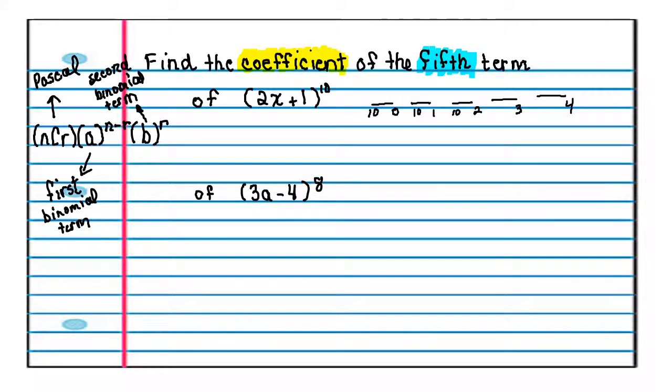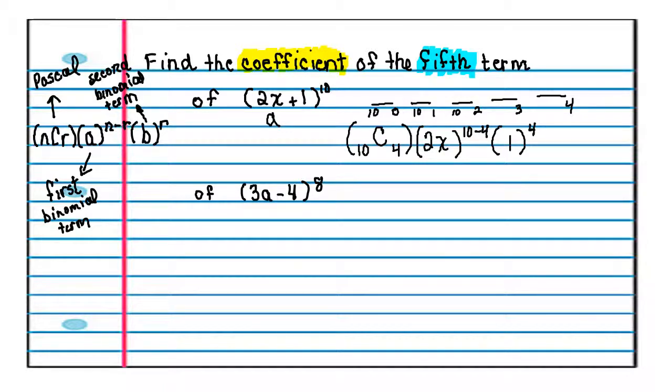So what we need is the 10th C of the 4 here. So 10C4. Then we're going to put in the A here, which is the 2x. And then n minus r, so 10 minus the 4. And then the B, which is 1. And the r, which is going to be the 4.